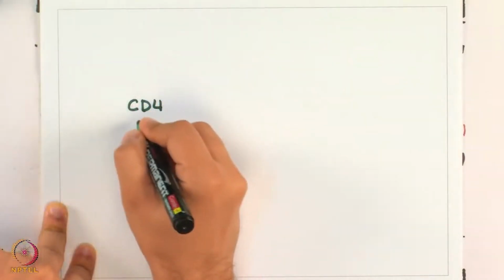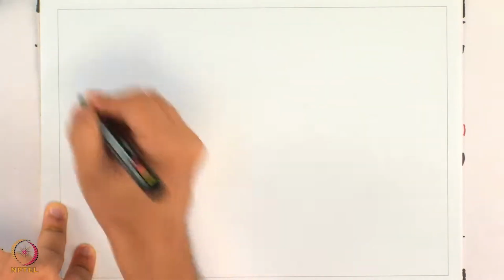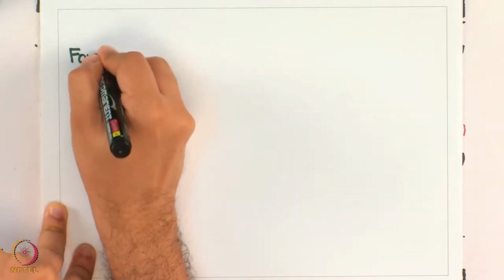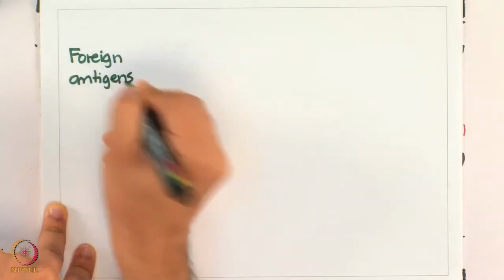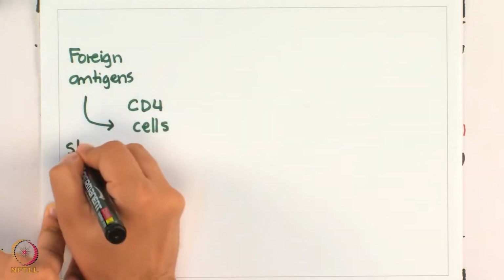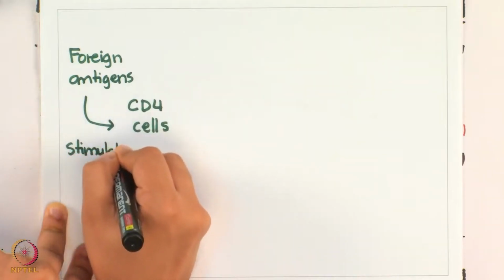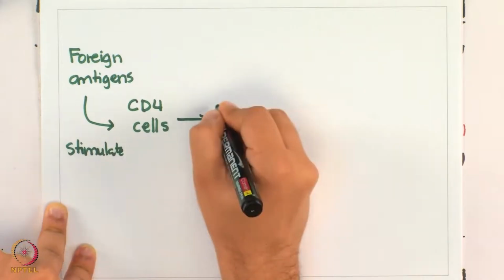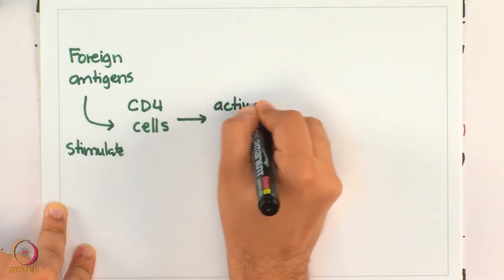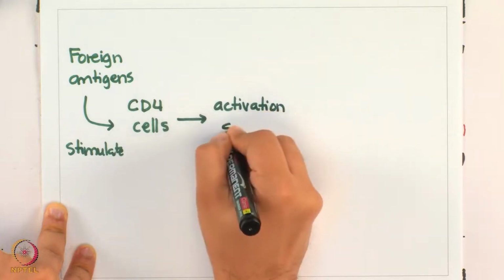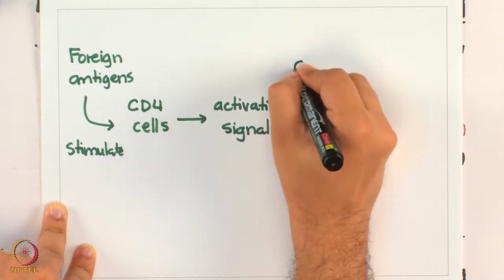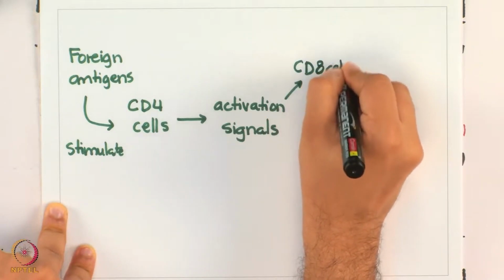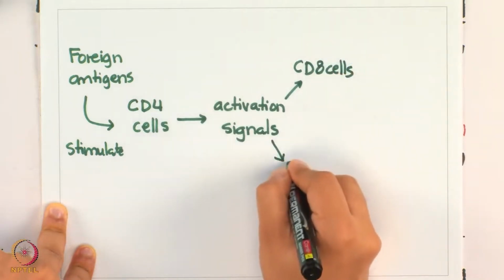What these cells do is, we have CD4 cells, and when there are foreign antigens, these antigens stimulate CD4 cells. CD4 cells then send activation signals to what are called CD8 cells and B cells of the immune system.